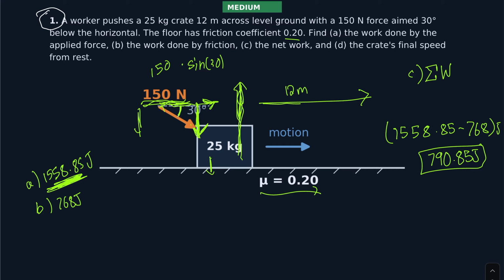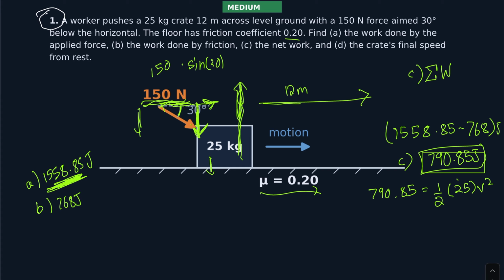And D, the crate's, so let me put a C here, and D, the crate's final speed from rest. Okay. So, what you have to keep in mind here is what energy is all this work going to convert into? Right, this force applied times distance, or my net work here, that's going to convert into kinetic energy, right? So that's going to be my work, which is this, equal to 1/2 times 25 kgs times velocity squared.